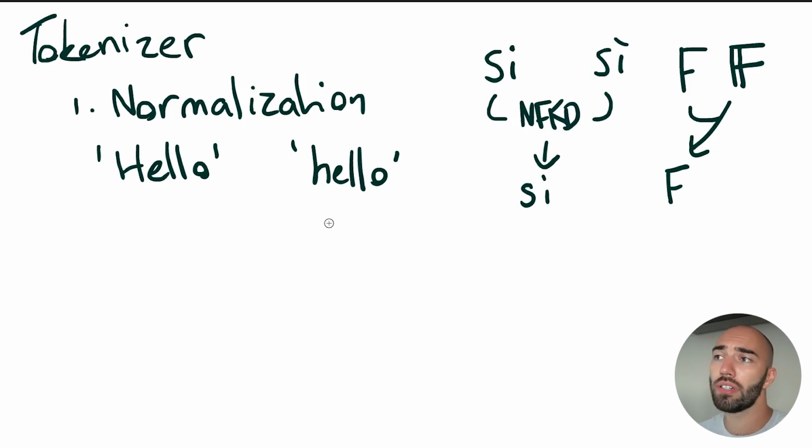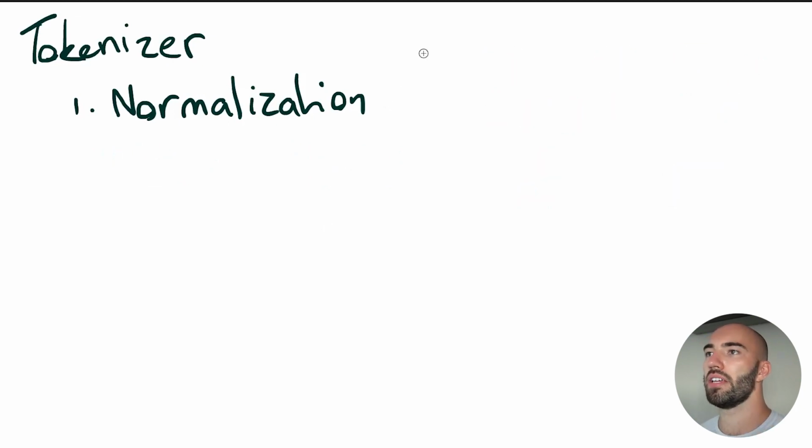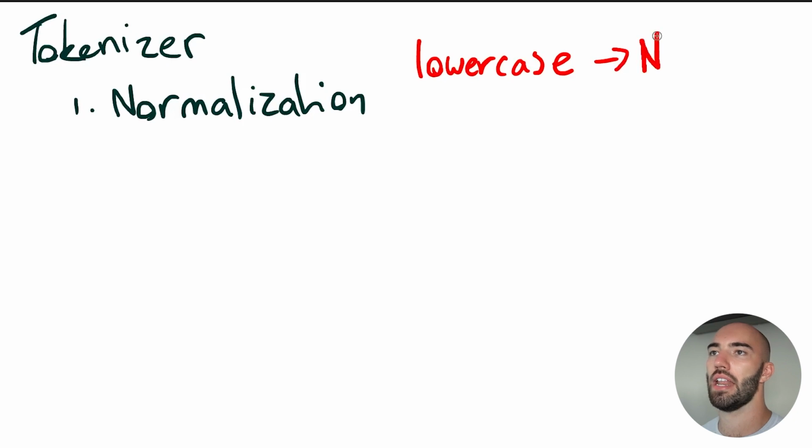So what we can do is lowercase that, and that reduces the likelihood of getting duplicate lowercase and uppercase non-Dhivehi characters in there. So that's another thing we will do. So we are going to lowercase and also use NFKD. Okay, so that's the first component.